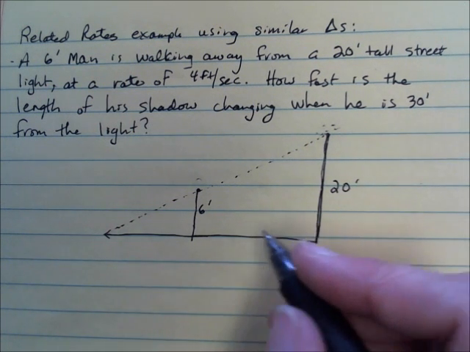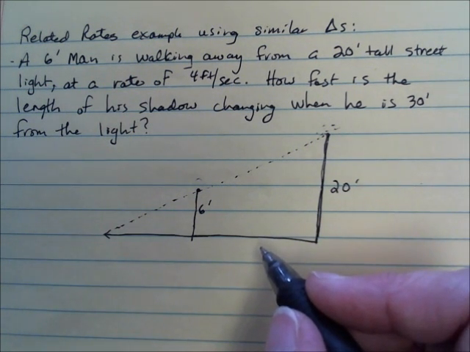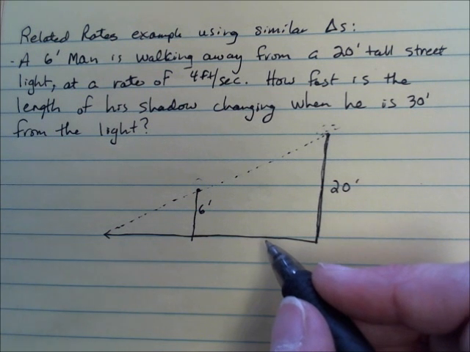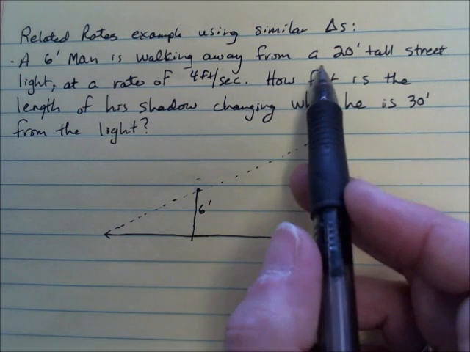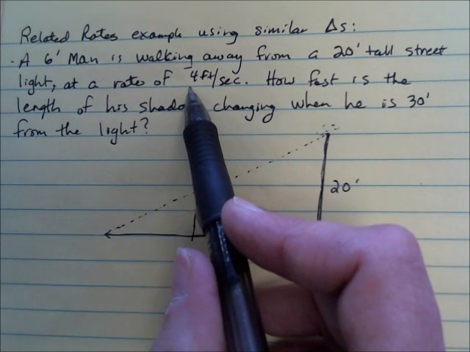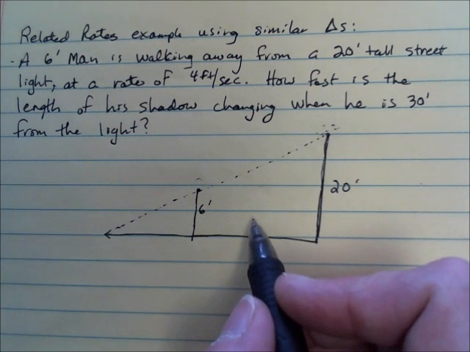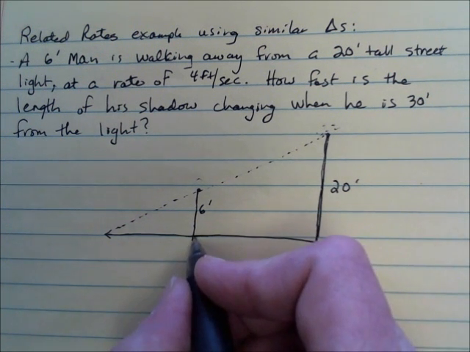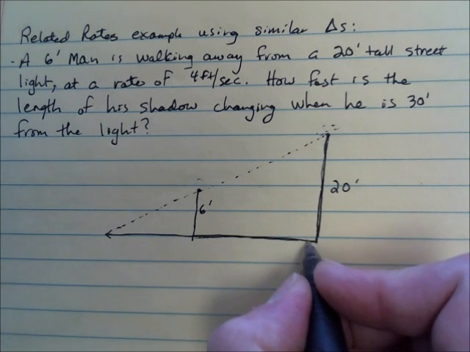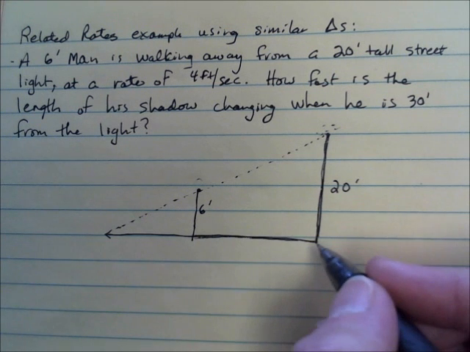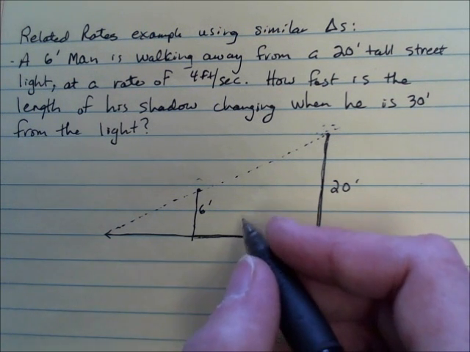So what we want to try to figure out is what are the variables, what things are changing, what's the rate that's given, and what is the rate that's asked for. It's telling us that this man is walking away from the light at 4 feet per second. So we have a distance here from the man to the light, and this is changing because he's walking in this direction. You can call this anything you want.